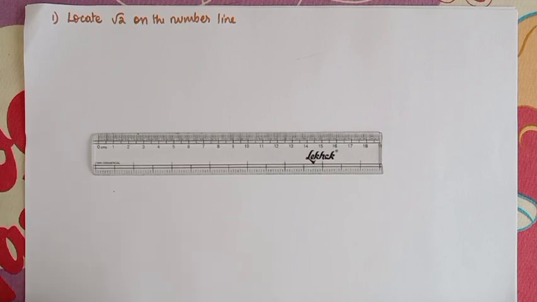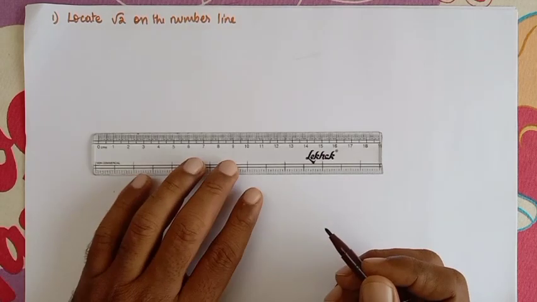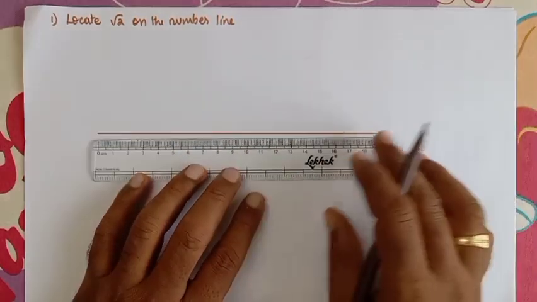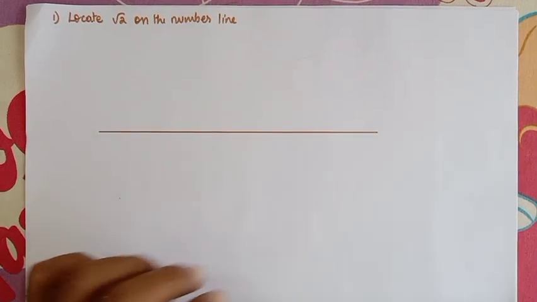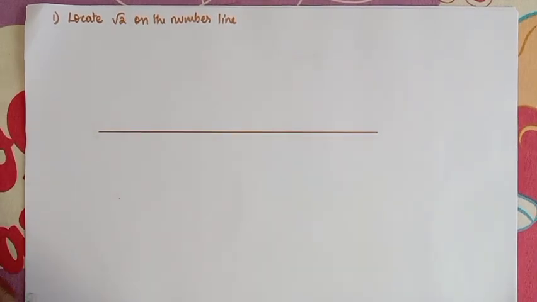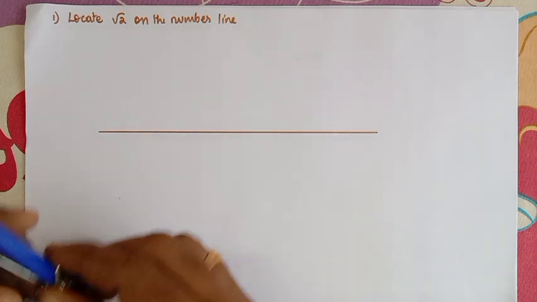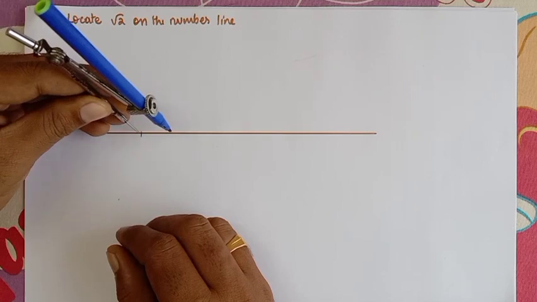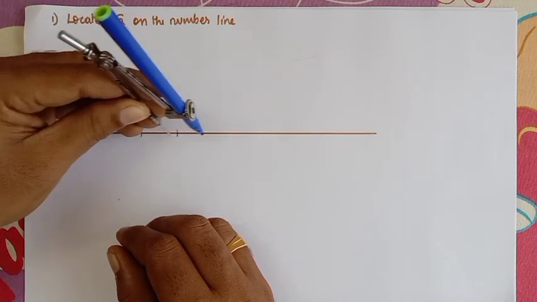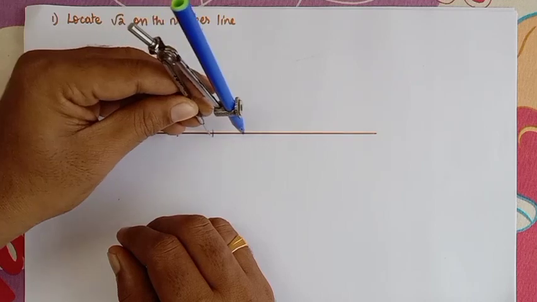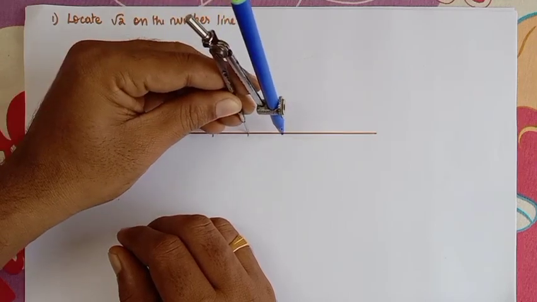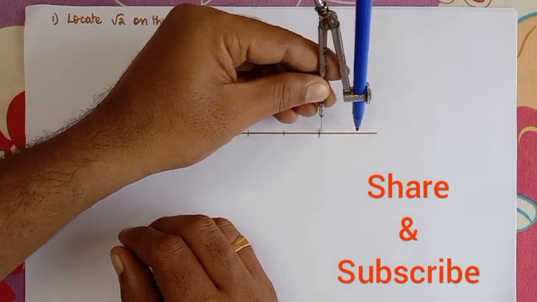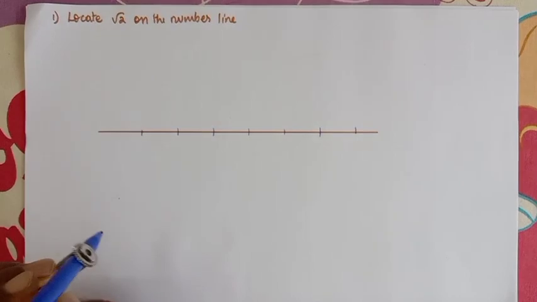Locate root 2 on the number line. First, let me draw a straight line. And then we will be cutting this line into several equal pieces. From this point I will be cutting here 1, 2, 3, 4, 5, 6, 7.